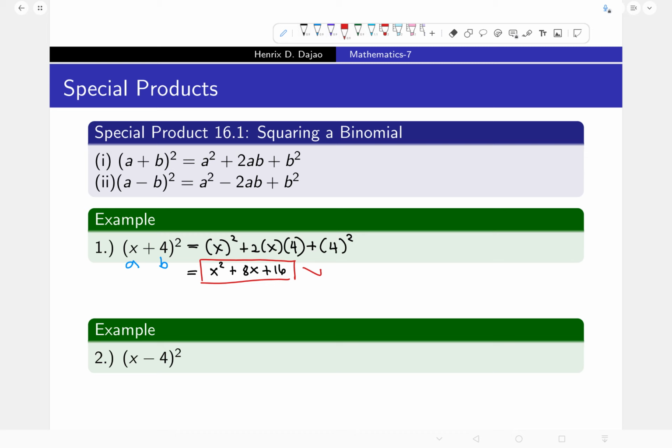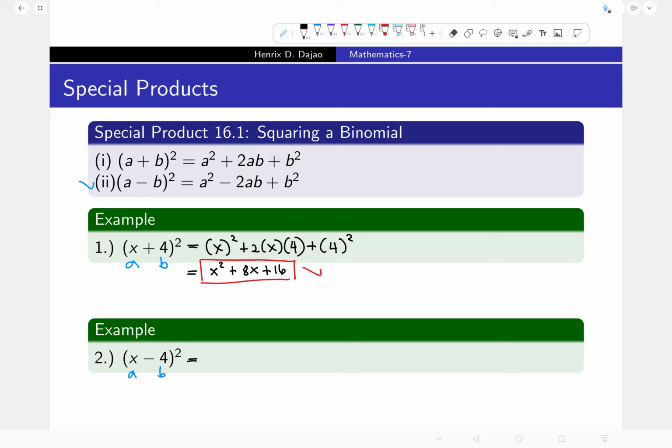How about number 2? For number 2, we can apply 2i, right? So you can take x here as a and b as 4. And it is obvious that we're going to apply 2i. So this is the pattern for getting the product.